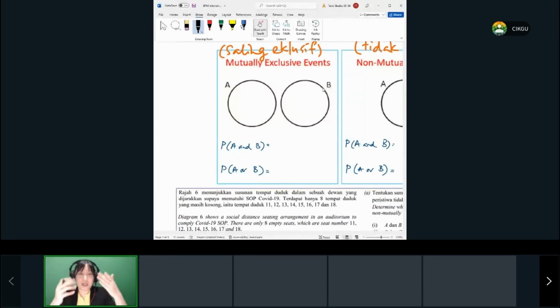So we know that if the number is even, then for sure it's not an odd number, right? So picking an even number and picking an odd number, the result won't overlap. You will not find a number that is odd and even at the same time. So that is called mutually exclusive. The results of these two events don't overlap each other.